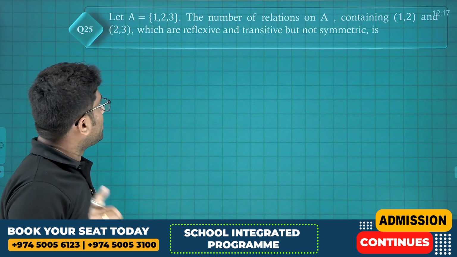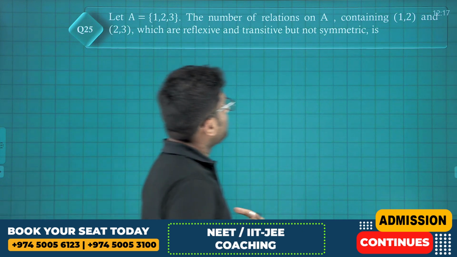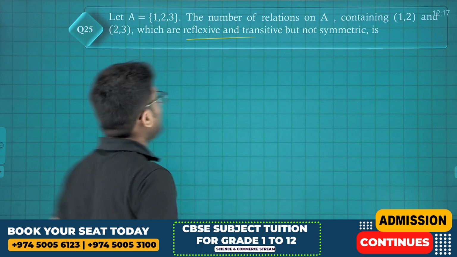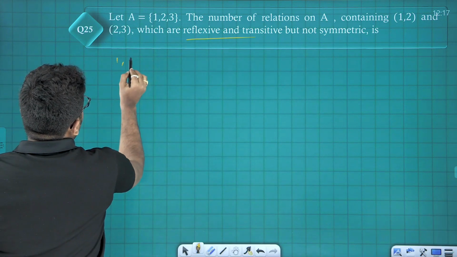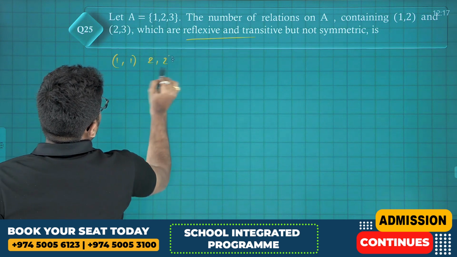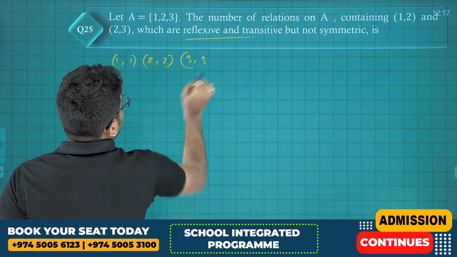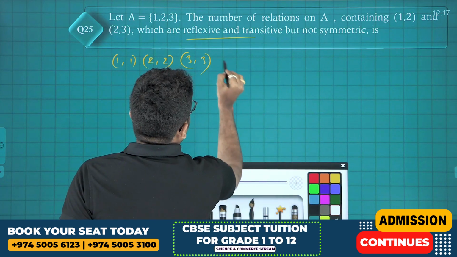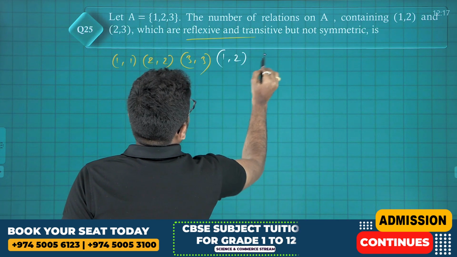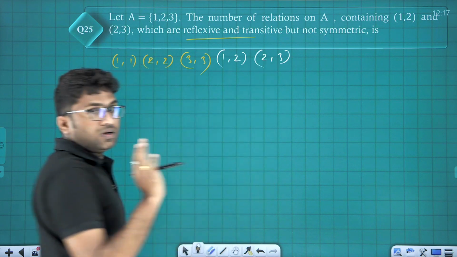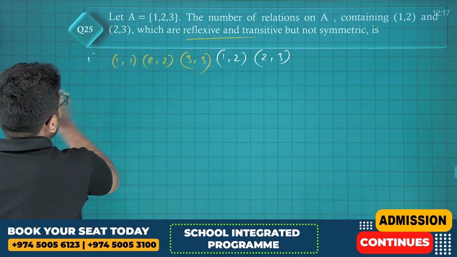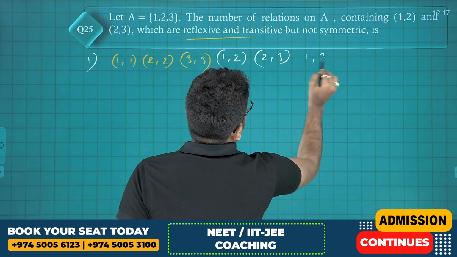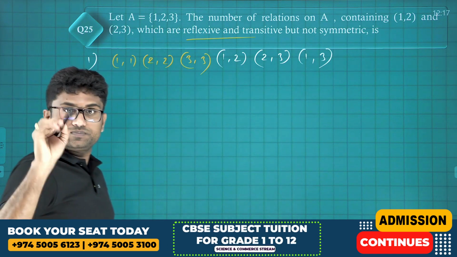Let A be the set {1, 2, 3}. Number of relations on A containing (1,2) and (1,3) which are reflexive. To make it reflexive we should have (1,1), (2,2), (3,3) compulsory. As they already have (1,2) and (2,3), to make it transitive it should have (1,3). So that is 1.